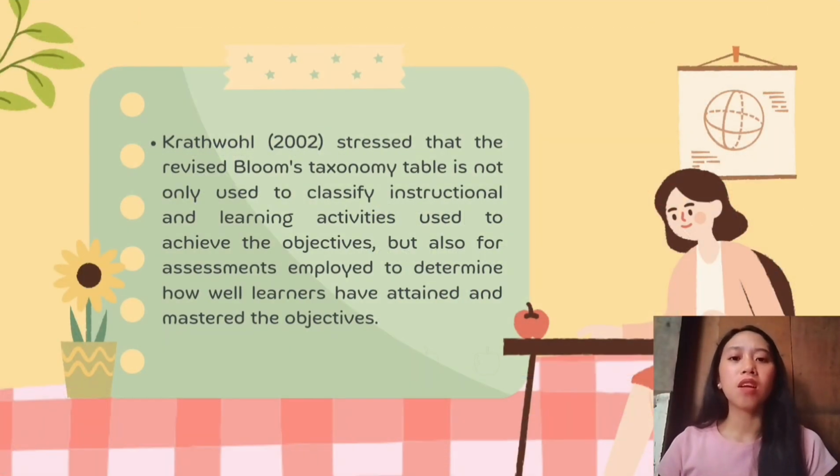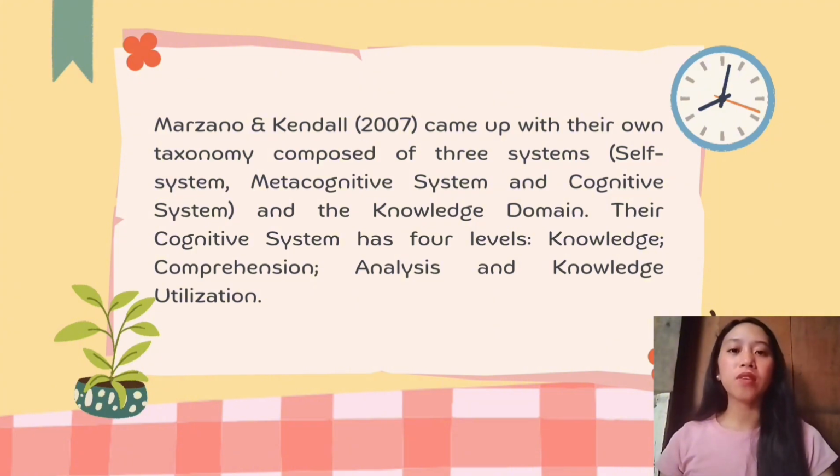So let us talk about Bloom's revised taxonomy. Bloom's revised taxonomy is not just for categorizing teaching activities, but also for ensuring that assessments accurately measure student mastery. Marzano and Kendall 2007 created a taxonomy with 3 systems and a knowledge domain.